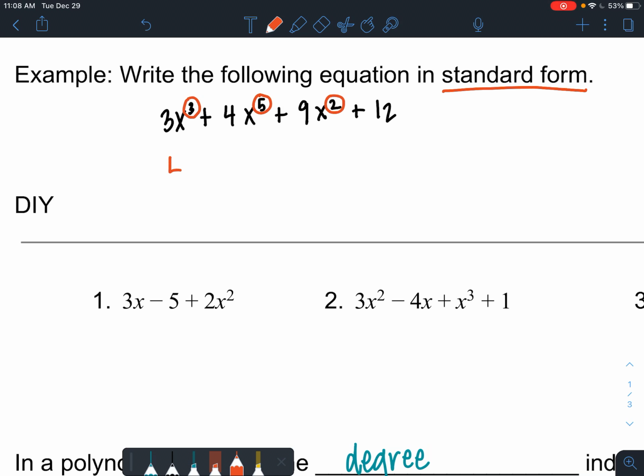So starting with the 5, then going down to 3x to the third, because that's the next, 9x squared, and 12. So this is the equation in standard form.